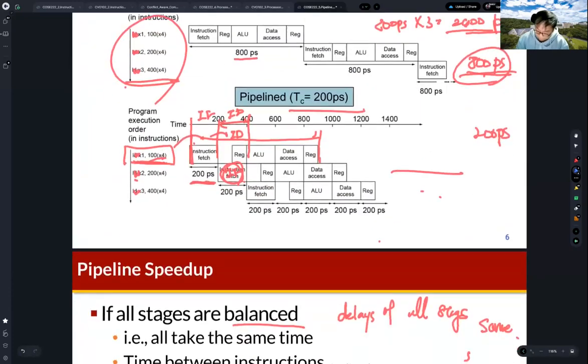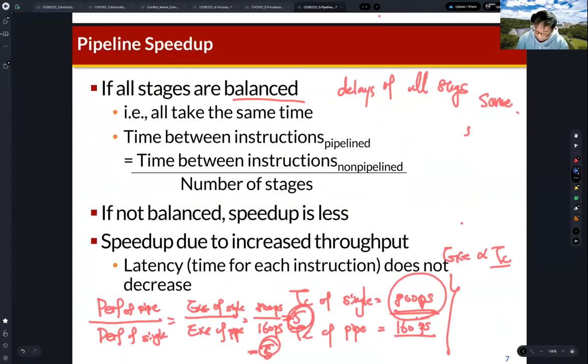So TC of the pipeline becomes 200 picoseconds in the previous example. In this case, the performance is improved by 4.